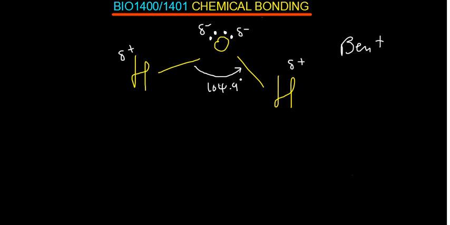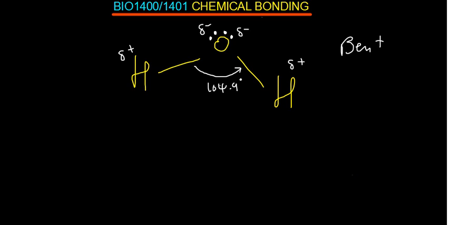So oxygen has two partial negative charges because it attracts electrons more on different sides. Okay, it has polar bonds, and it is also a polar molecule.